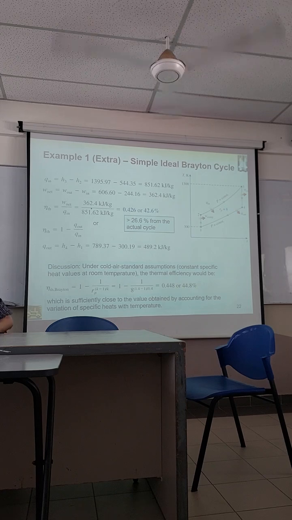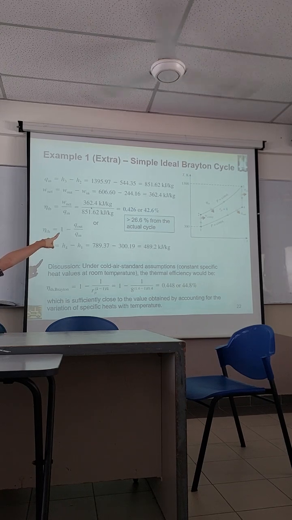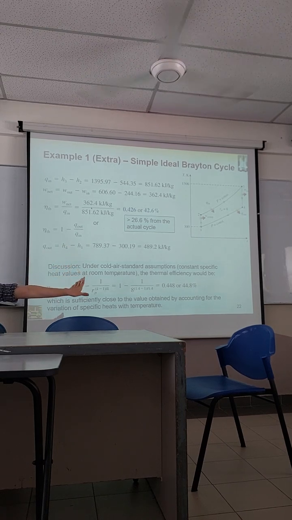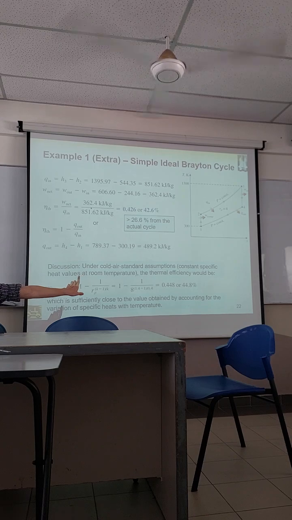If you compare to the ideal cycle, you can see that the thermal efficiency here is 42.6, and just now what we got was 30 something. So the thermal efficiency has dropped in this case.